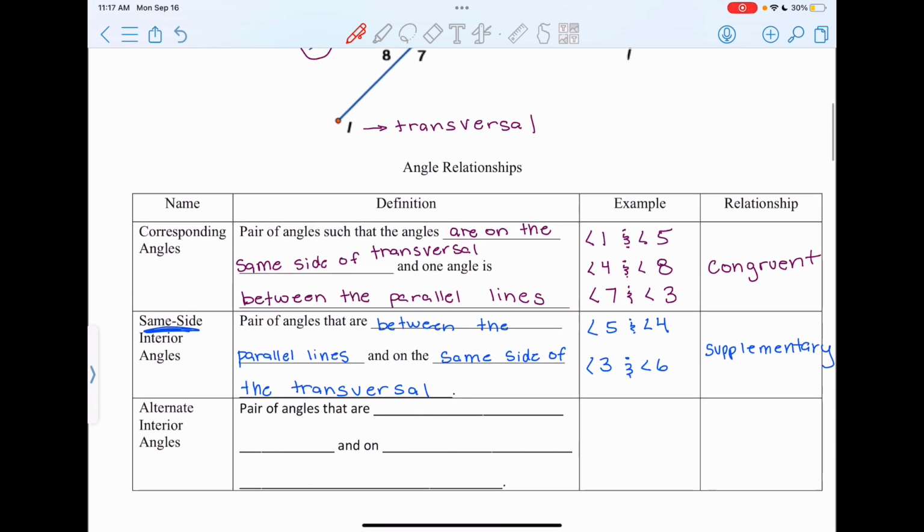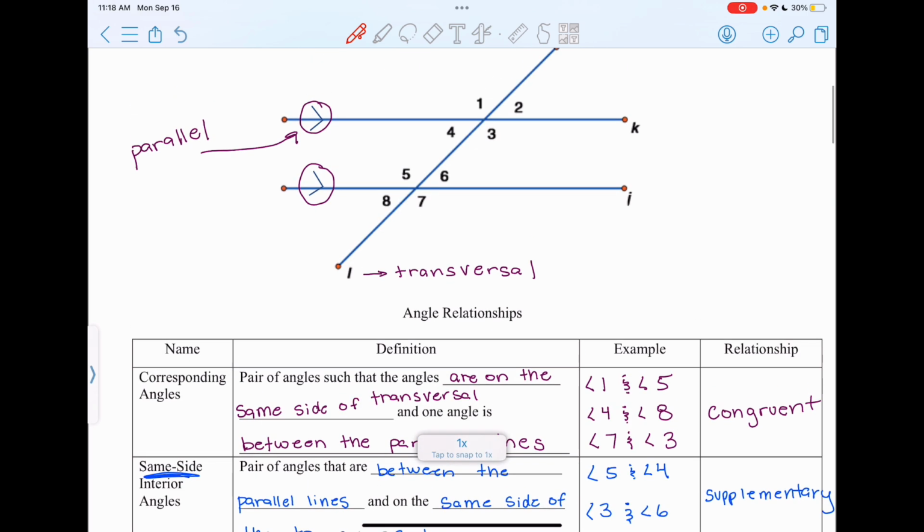And our last angle pair is alternate interior angles. Alternate interior angles, like it sounds, are on alternate sides of the transversal, and they're both between the parallel lines. So for example, angle 5 and angle 3, they're on alternate sides of the transversal, and they're also on alternate placements.